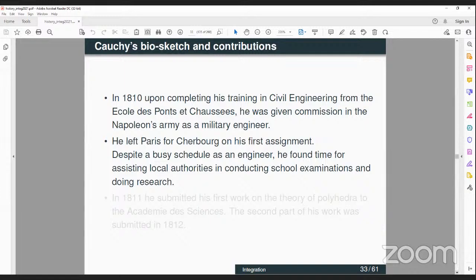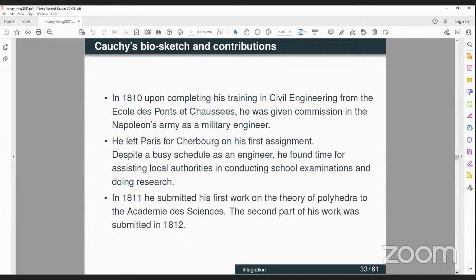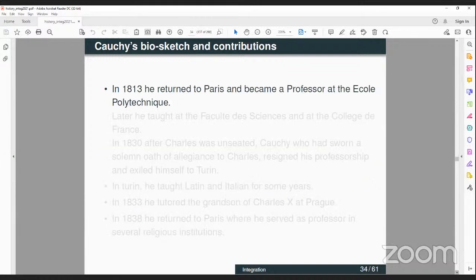Whatever spare time he had, he would use for that. In 1811, he submitted his first work on the theory of polyhedra to the Académie des Sciences, and the second part was submitted in 1812. All this research work was published by the Academy of Sciences in France.